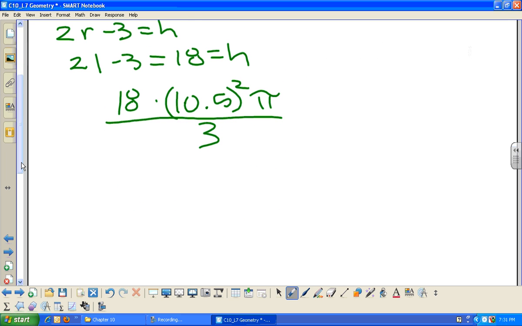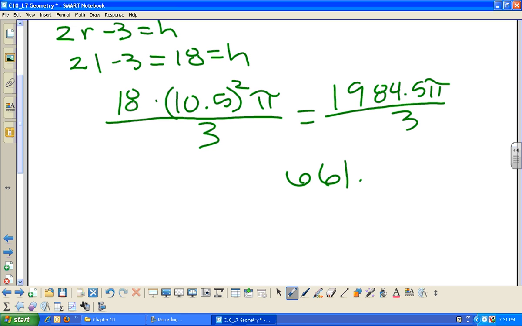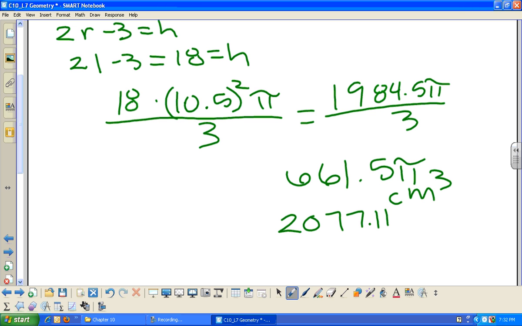So if I were to multiply this all out, I would get 1,984.5 pi divided by 3, which is roughly 661.5 pi centimeters cubed. Without the pi units, it'd be 2,077.11 centimeters cubed.